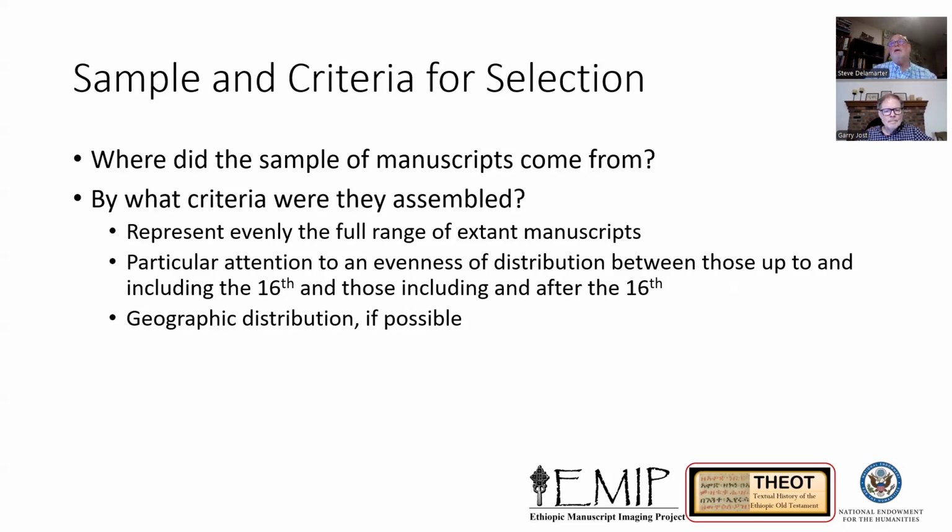The same good sample will give you fairly reliable conclusions about chronology. It will not necessarily give you very reliable and detailed conclusions about geographic distribution. There's a lot more that could be said about that, but the user needs to understand that right up front. And it's precisely for that reason: most manuscripts outside of Ethiopia, very unfortunately, have lost their provenance information.